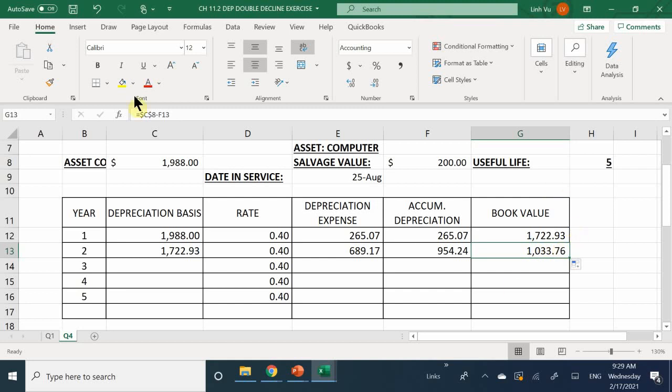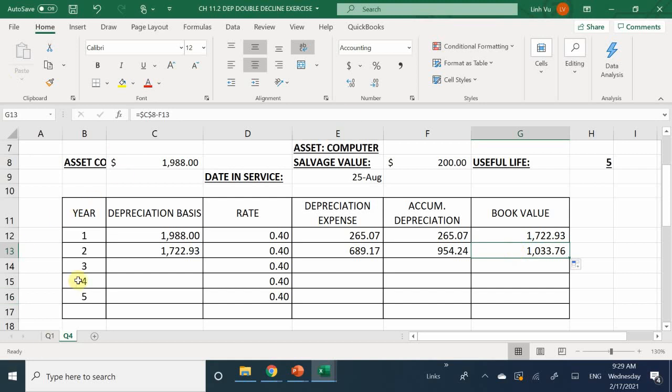I got 76 because if I started with 1988, that's 0 minus 4, 4 should give you 6. So you could have a rounding error right here. I got 1033.76 also. Yeah, I get 76. Okay, just making sure we're all on the same page here.